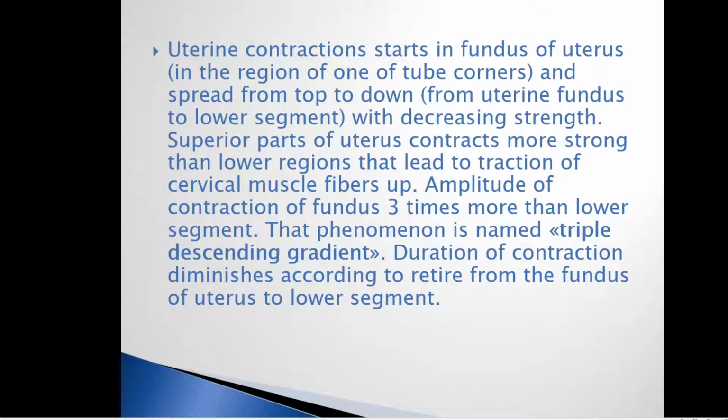Amplitude of contraction of fundus is 3 times more than lower segment. That phenomenon is named triple descending gradient. Duration of contraction diminishes as it retires from the fundus of uterus to low segment.